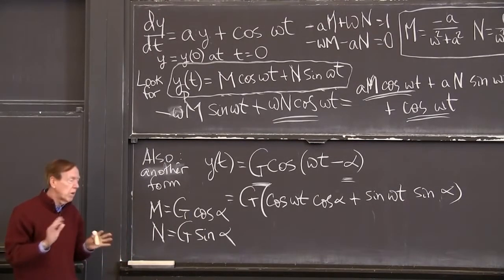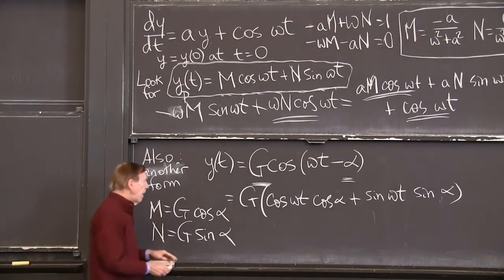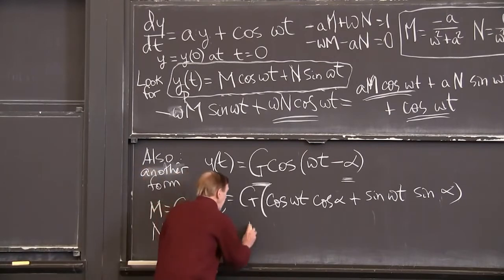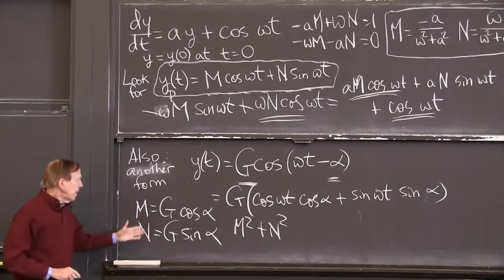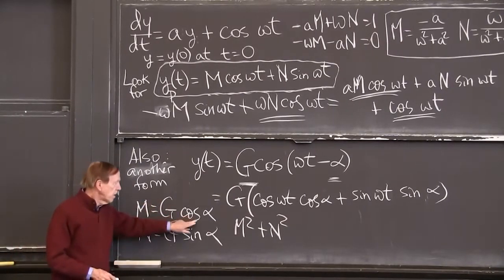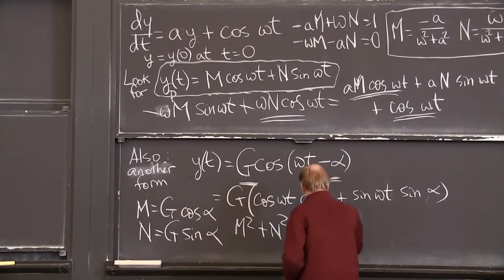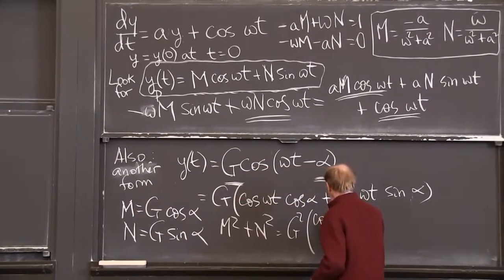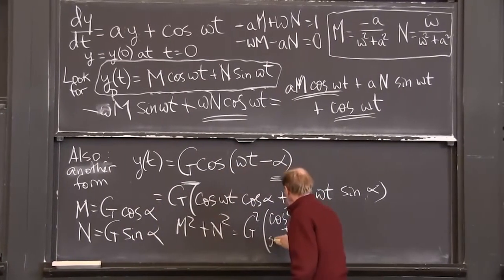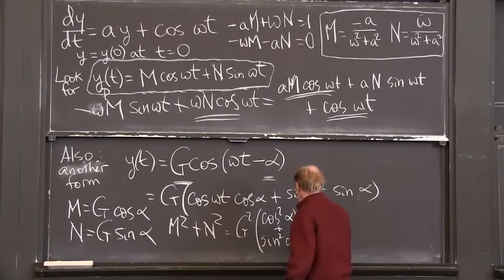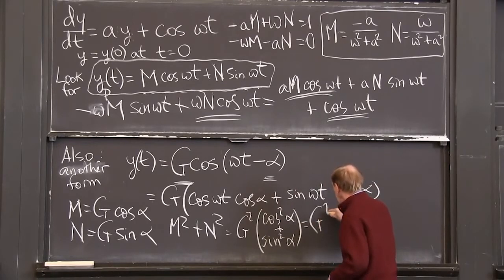I'm going to use that. So I'll square both sides and add. So I'll have m squared plus n squared is g squared cosine squared alpha, when I squared that one, and g squared sine squared alpha when I squared that one. And again, the point is that's 1. So that's just g squared.